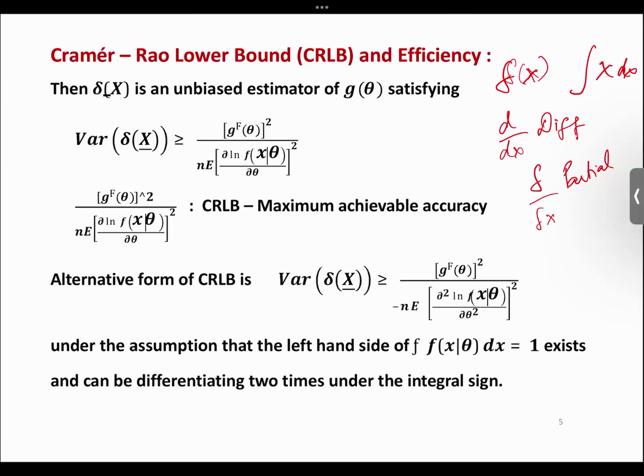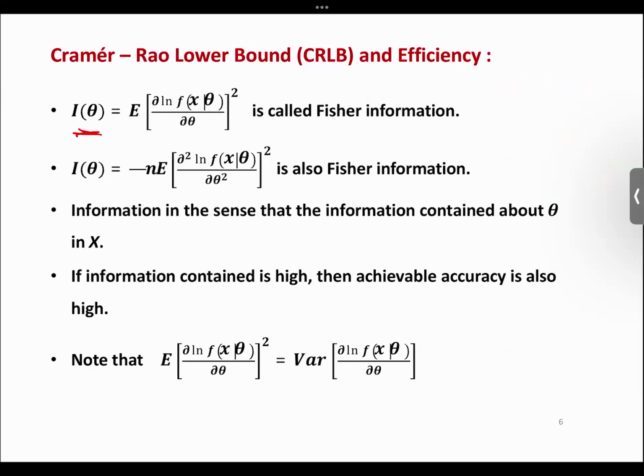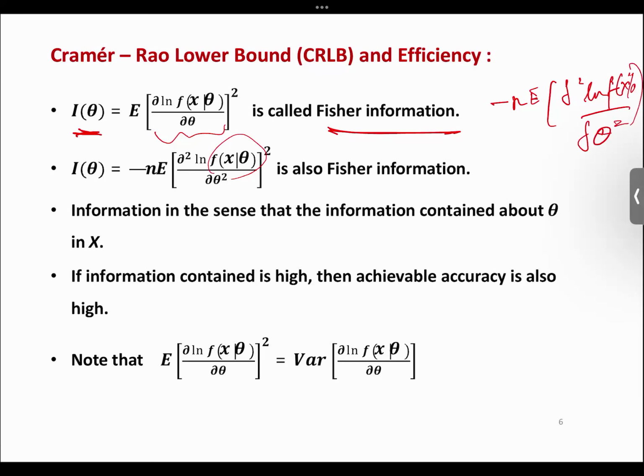And then you'll calculate something called I of theta, which is called the Fisher information. It is given by this formula. It can be either just E of this value, or it can be minus n E of the double differentiation of ln, the logarithm of f of x given theta, divided by differential of theta square.